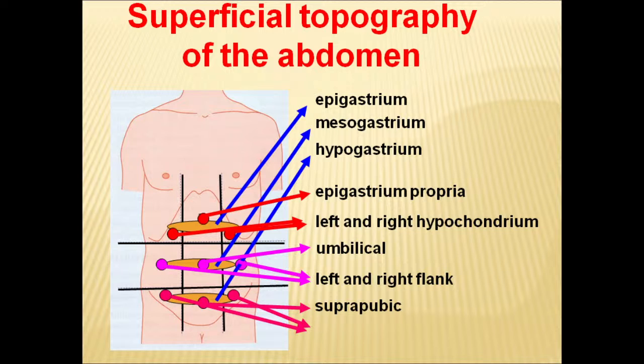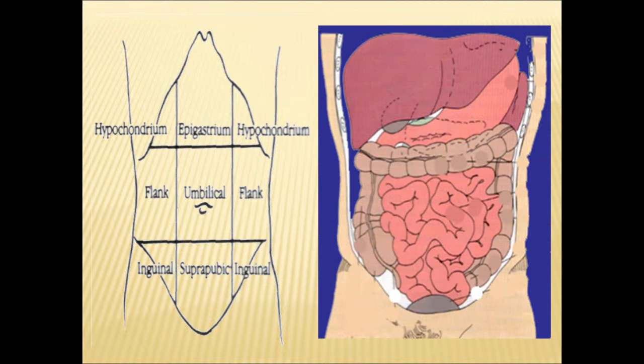Topography of the abdomen helps clarify pathology and find organs which may be affected, because if you compare our topography with the anatomic position of inner organs, you can understand how it can help you in the diagnostic process.